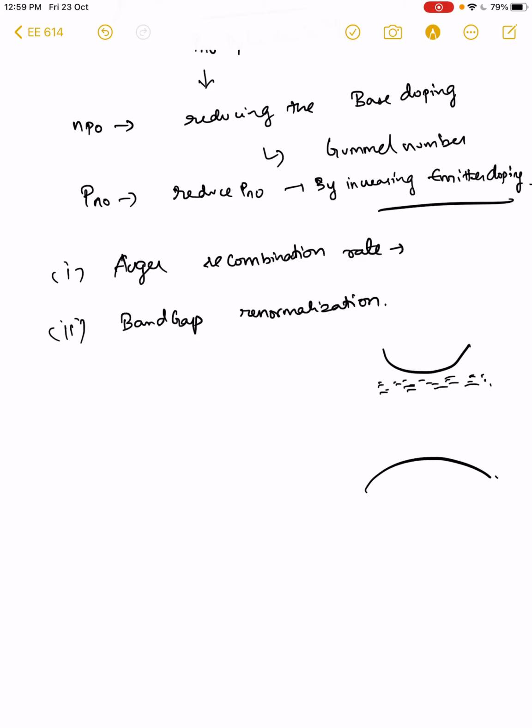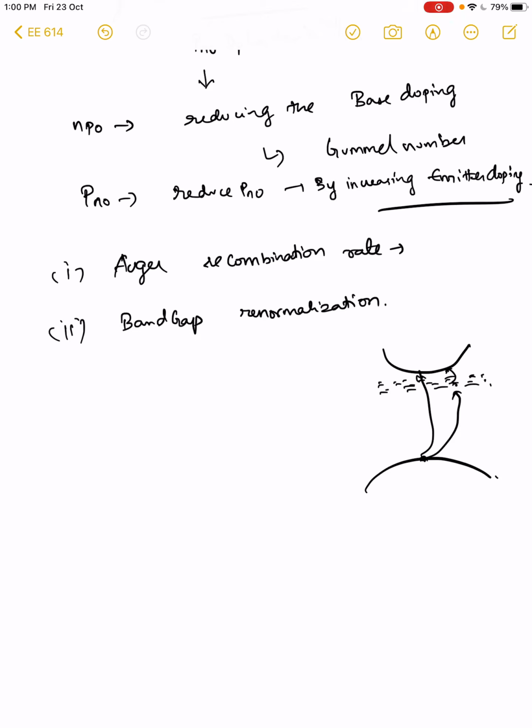I increase this mid-gap state so much that actually I never have any excitation events from the bottom of the valence band to the bottom of the conduction band. So what happens is, because these states have lost an electron to the conduction band and almost are empty, and this state density is almost close to the conduction band density, because that's what happens when you have very high doping density, you have most of the excitation happening from top of the valence band to the defect states. So this is one such reason why you have a band gap starting to renormalize.